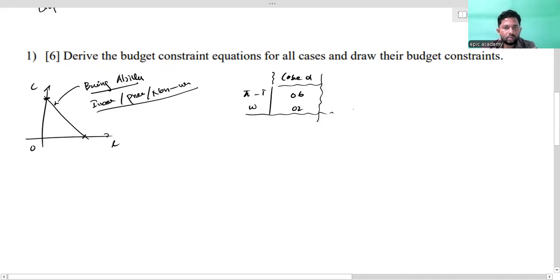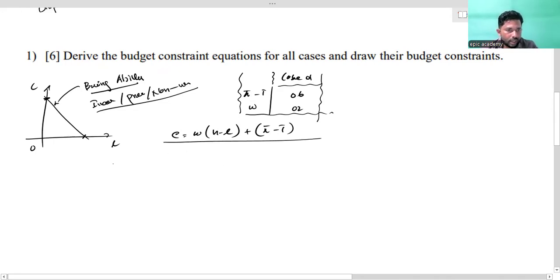Then we have to consider the equation C equals W(H minus L) plus non-wage income. This is the equation.